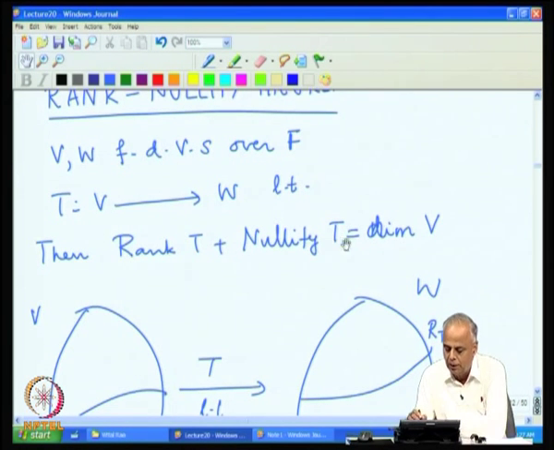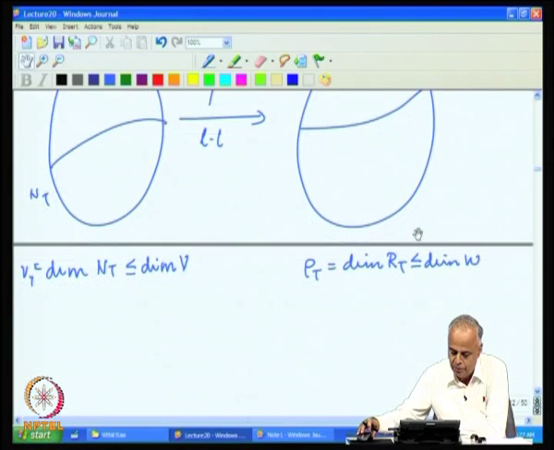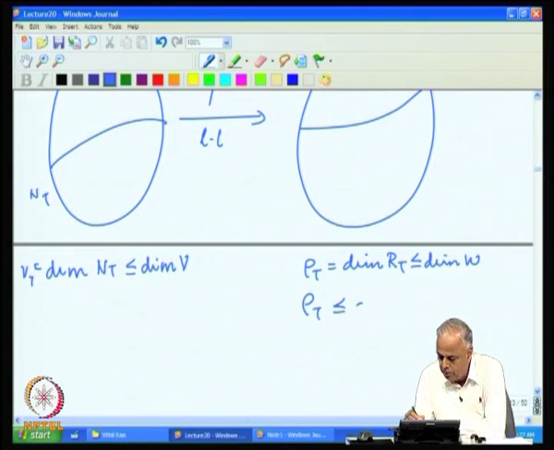So, it is a non-negative quantity, and therefore, when you add a non-negative quantity to the rank of T, you get the dimension of V. So, the rank of T must be smaller than or equal to the dimension of V, by the rank nullity theorem.